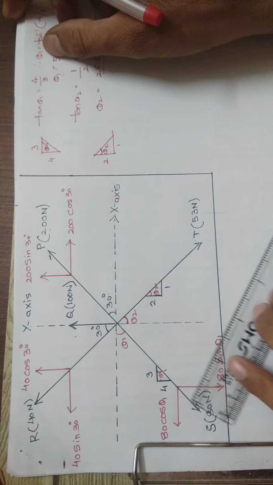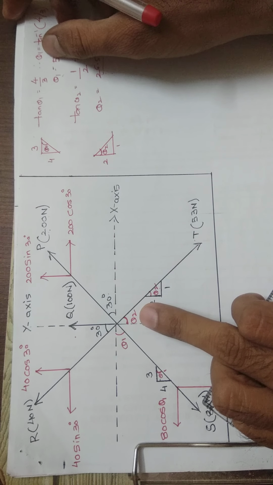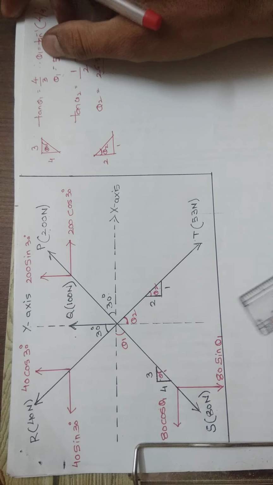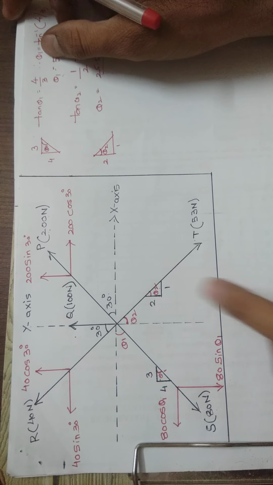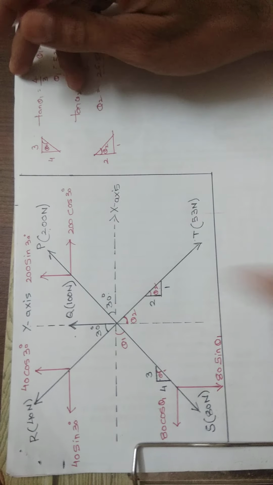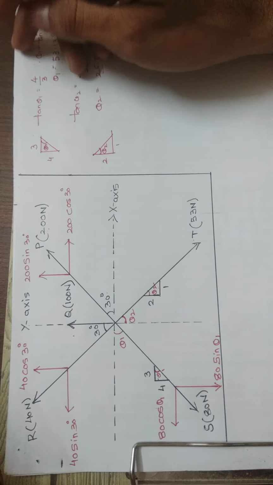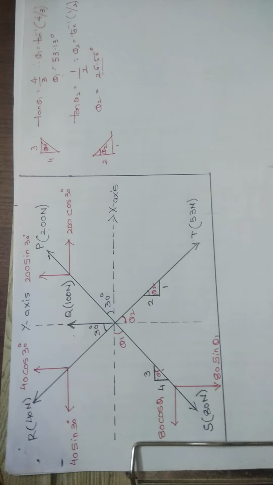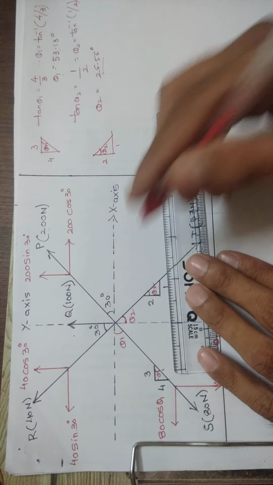Next, the third force is 53 Newtons. Again it is making an angle of theta 2 with the vertical. This force acts along the fourth quadrant and will be resolved into two components, first horizontal and next vertical. So I am drawing the forces.